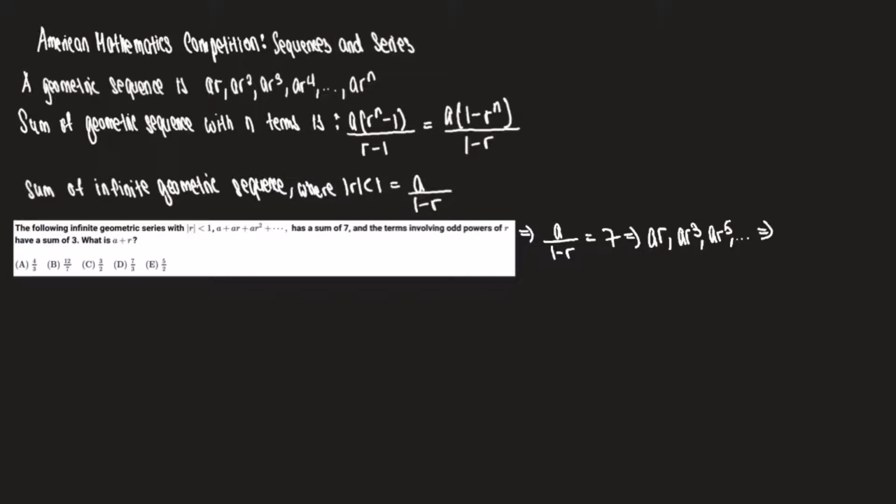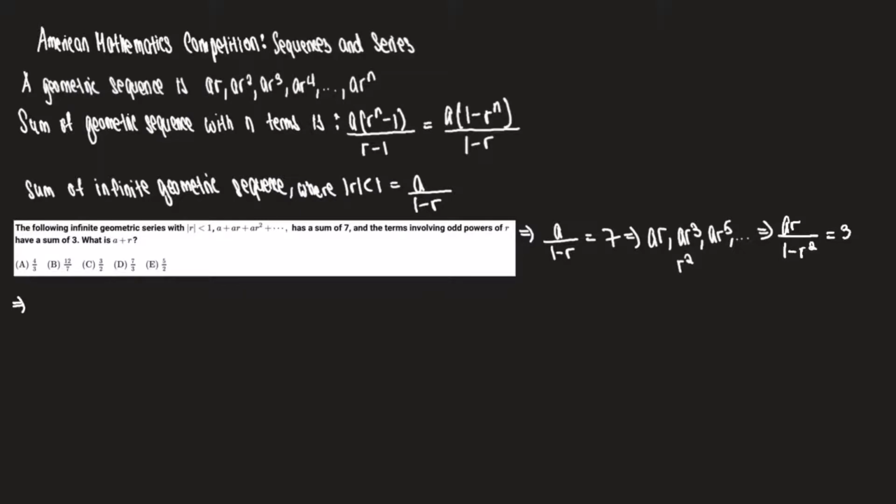And if you notice, this itself is a geometric sequence with a common ratio of r squared. So that means the sum of this is going to be equal to ar divided by 1 minus r squared, and that equals 3.